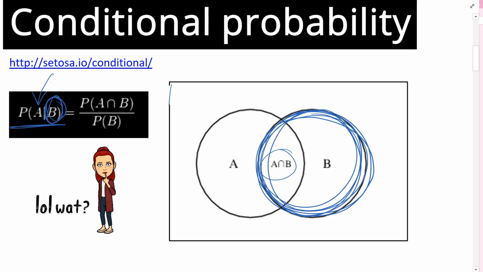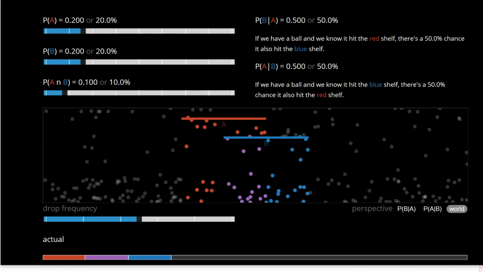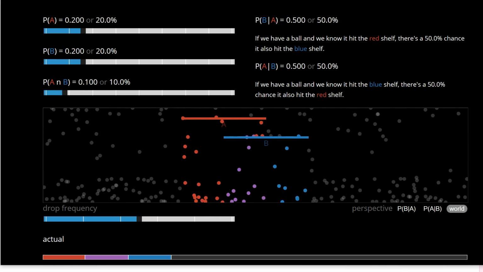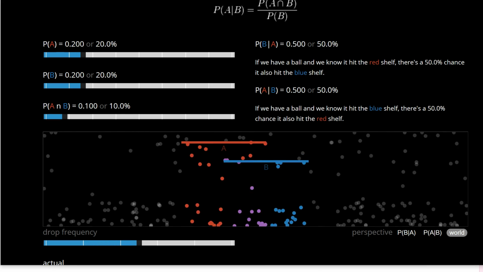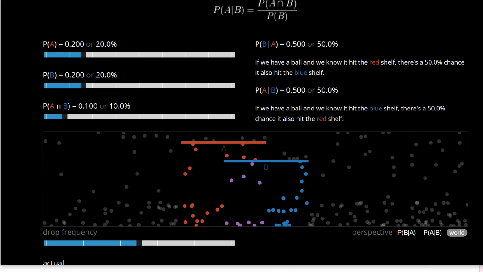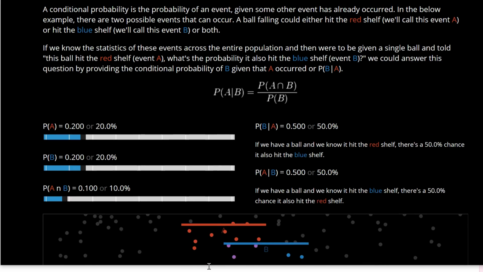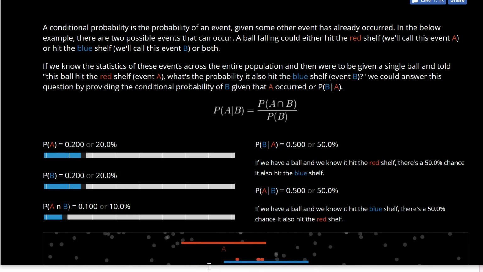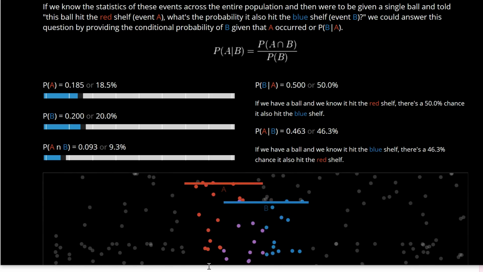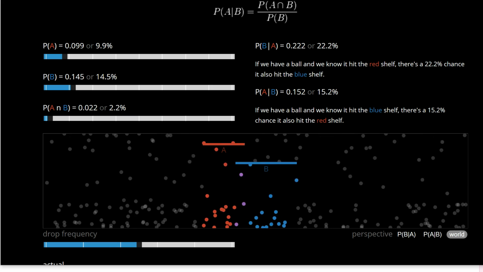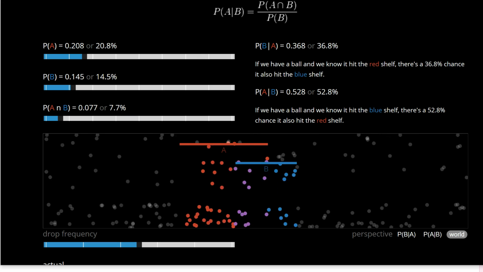And I want to take a few minutes to just look at this visualization of what's happening. There's balls being scattered throughout space, and they have a chance of landing on A, landing on B, or landing on A and B, or everything outside the universe. And you can use these sliders to change the probability of A. If you change the A bar, you can see how changing that changes these two probabilities.